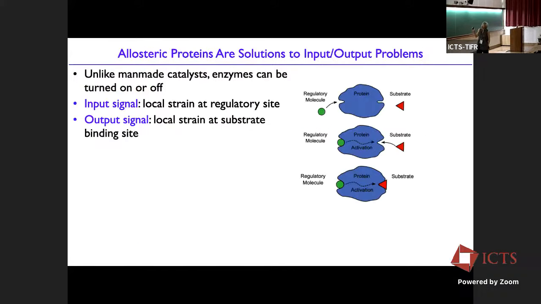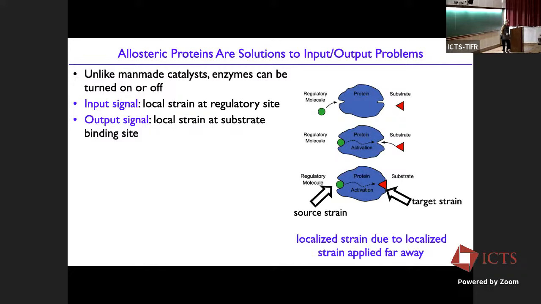All right, so let me just remind you what I mean by input-output problems, because that's the topic for today. How can we learn about how desired output, or these are really complex response problems, okay? So it can be as simple as I apply a strain at one part of the molecule, okay?